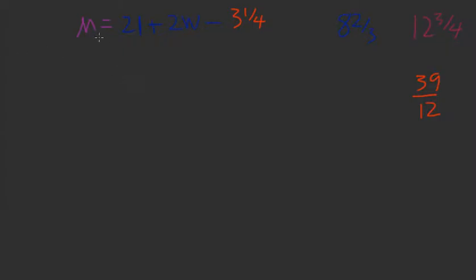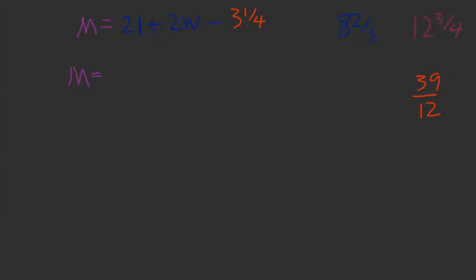So here we go. M equals... let's use the same color if I can. I'm colorblind, so there we go. Cool. M equals 2L, and L, we're going to say that's this right here.